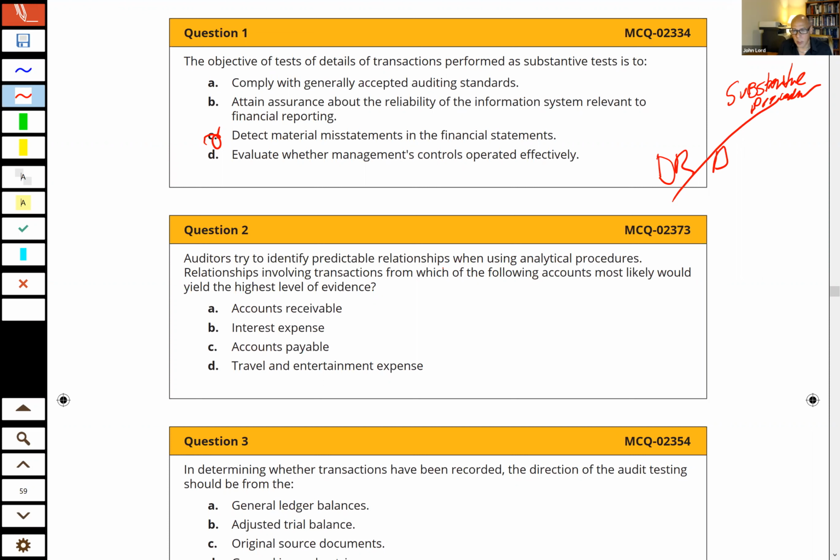Accounts receivable is a problem because maybe I could look at sales and do an analytic there, but I've got cash sales. You look at accounts payable and say, well, why don't I just look at the inventory account, see if there's a connection there? Yeah, but what happens if you have accounts payable for expenses? So that's got some noise around it. Travel and entertainment expense, I'm not even sure how you could come up with an analytic for that.